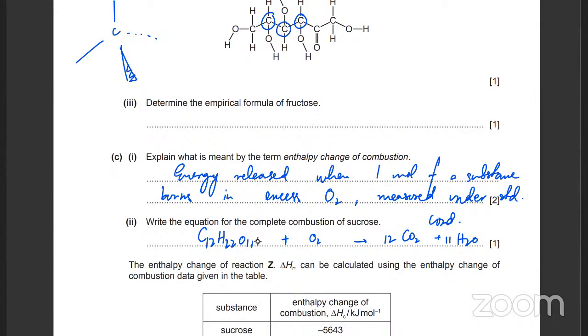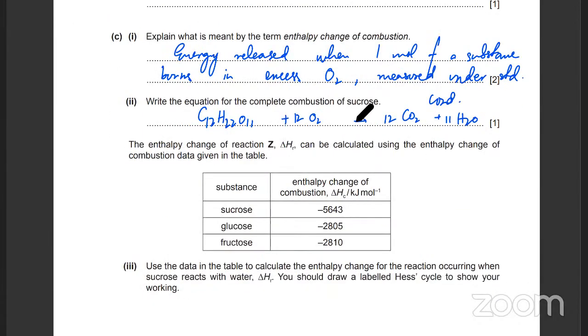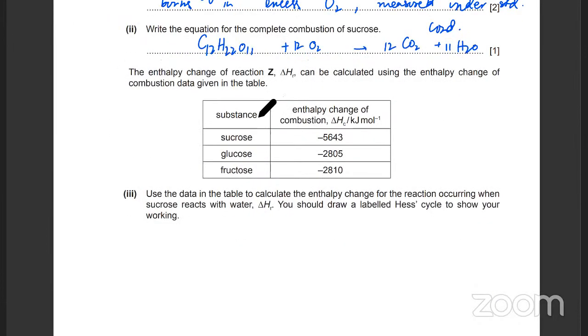Is this balanced or not? No, sir. Because that's 24 oxygens plus 11, that's 35, right? 24 oxygens plus 11, that's 35 as well. I think it's balanced, but you can double check.